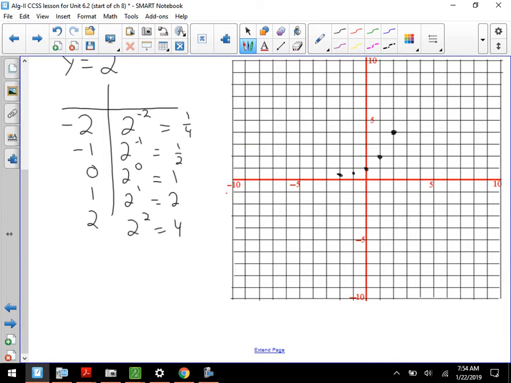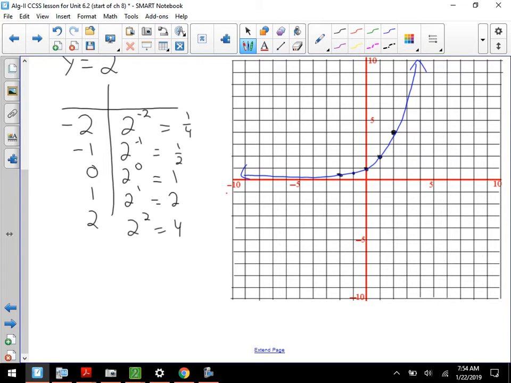And then it'd be a 16th, 32nd, and so on and so on. Will it ever cross the x-axis there? It's going to get infinitely closer and closer to it without actually touching it, because you can continue to get a number smaller. So your graph will look like that. Okay.